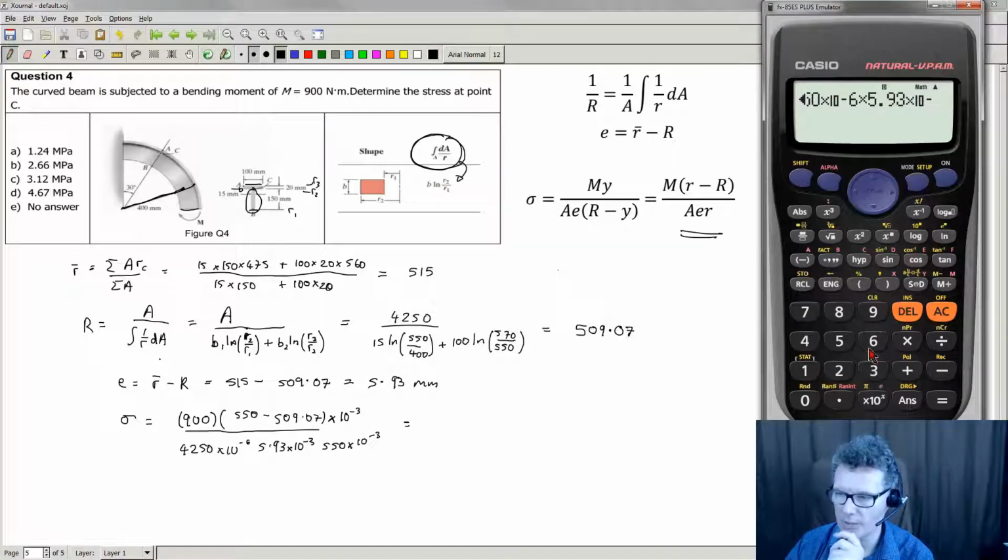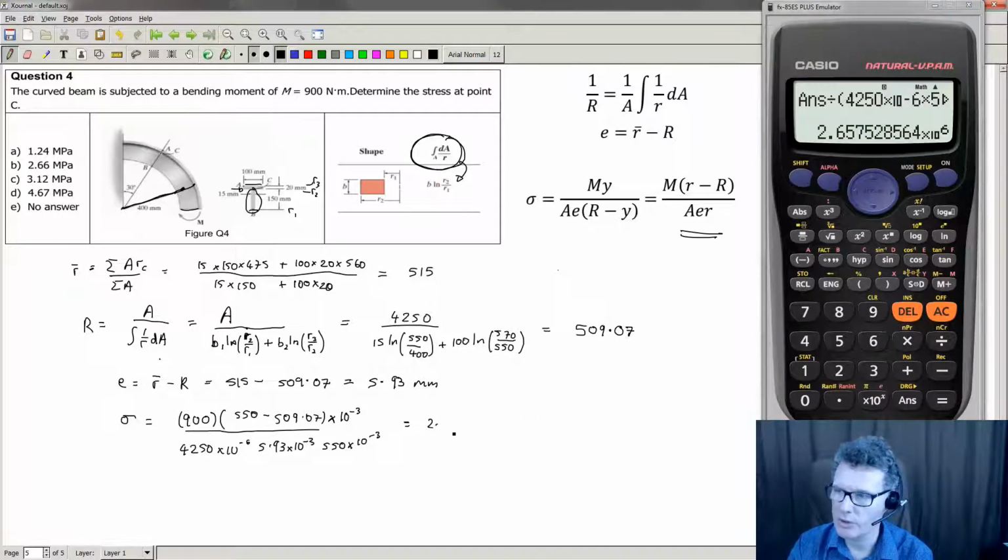I've made a mistake on the calculator. Oh, yes, now I get a sensible answer. Okay, so we've got 2.66 times 10 to the 6 pascals. So that's going to be B.